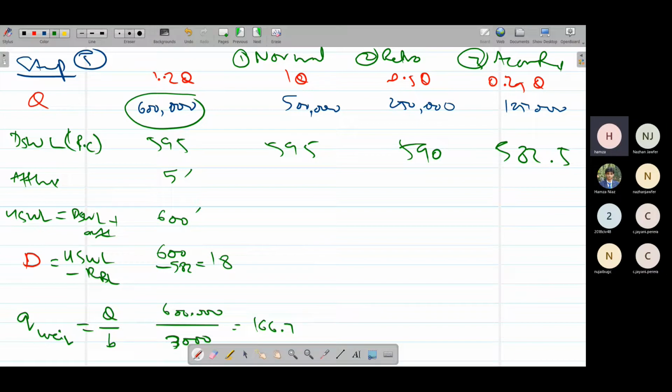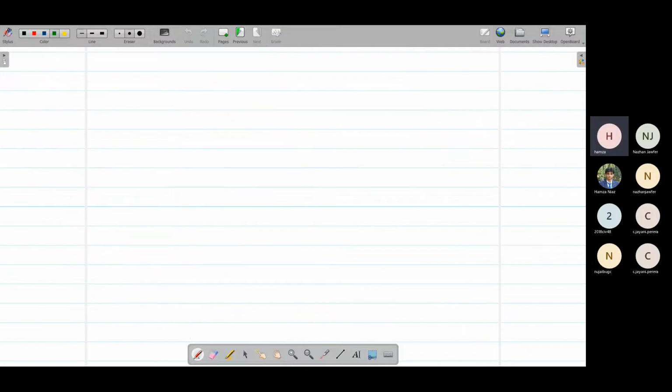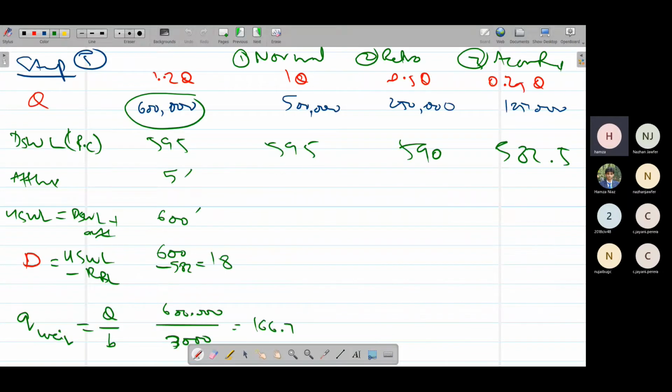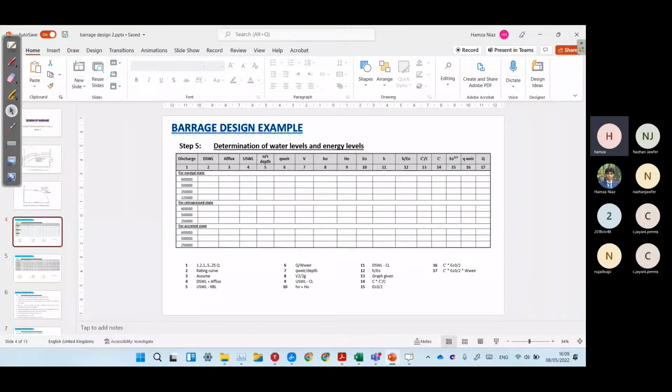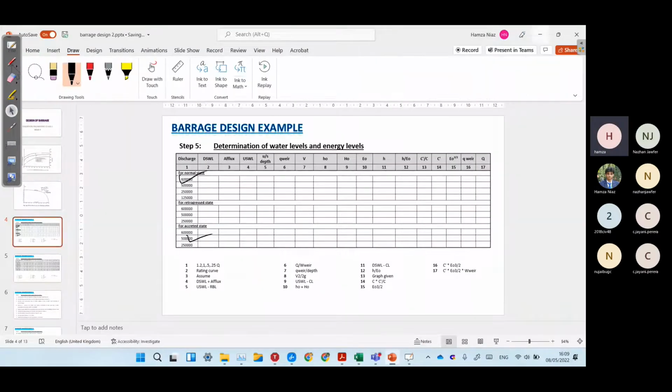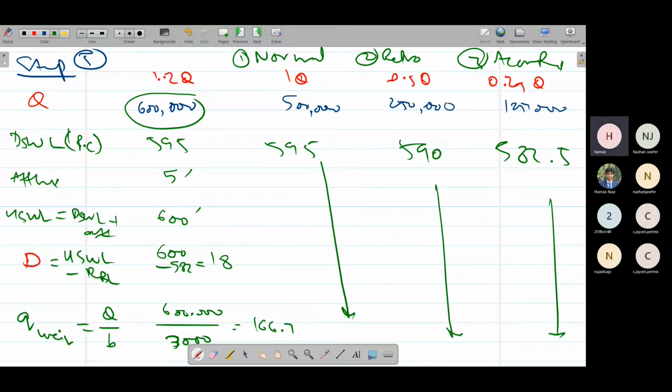The same procedure we are following, just we are doing this for a large number of values. Before, we were doing this for one value; now we have to do this for this value as well, and this value as well, for the normal state as well as the accreted state. We are doing it for the retrograde state only.